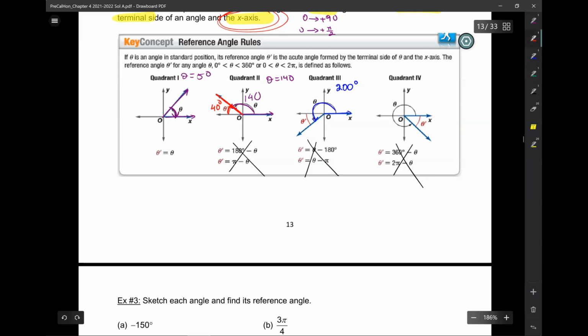The reference angle goes from the terminal side over to the nearest x-axis. What's the distance there? This much is 180, and I have a balance of 20. If the angle is theta, the reference angle is theta prime.